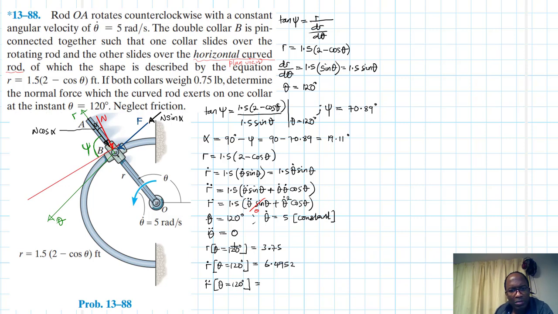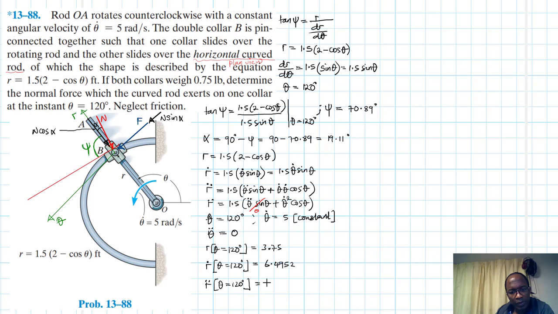So I will have the following: 1.5 times 5 squared cos 120.